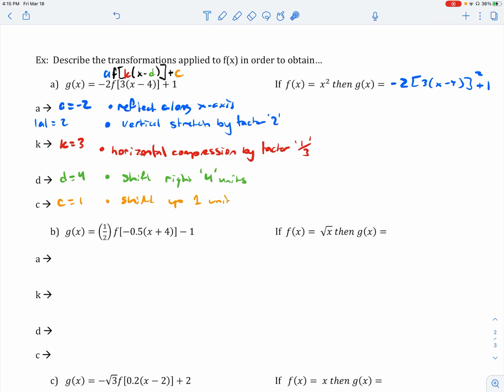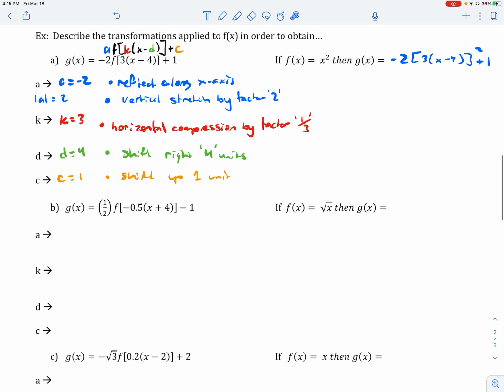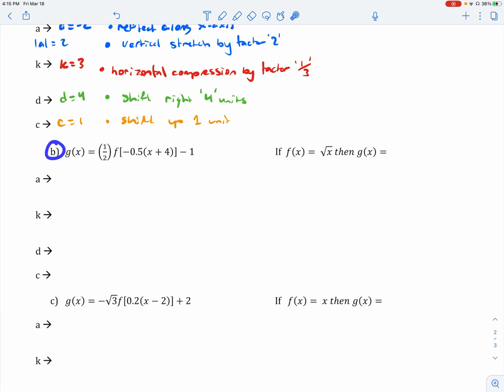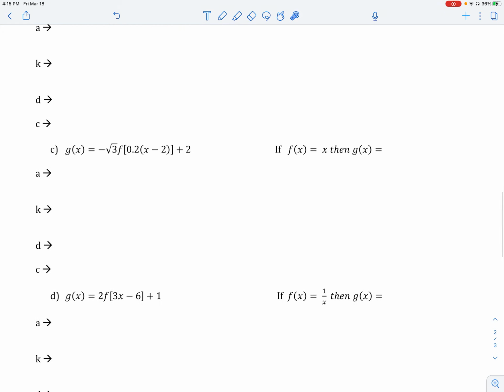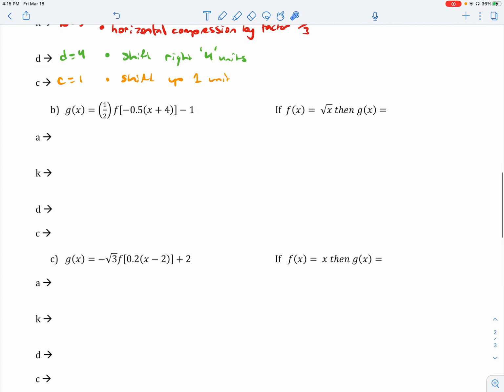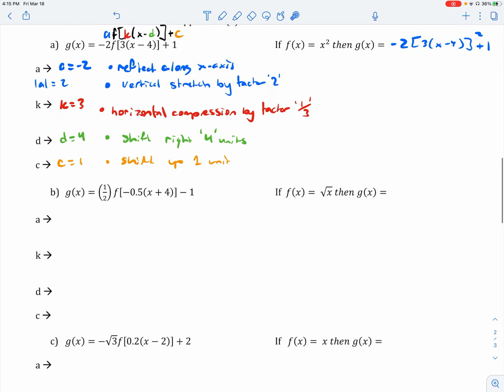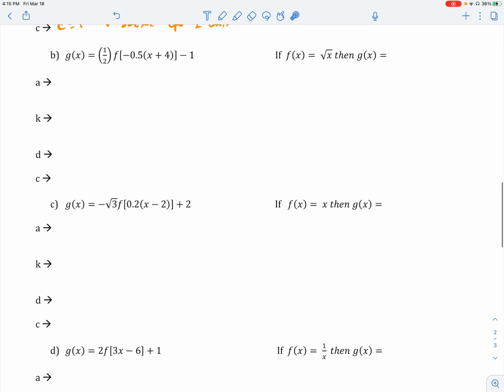So if you want to pause the video at this point and do B and C, you can go ahead. I just would like you to stop at D, because D is in a little bit of a different form, so we'll have to be careful with D. But if you want to pause and try B and C, go right ahead. I'm just going to continue on with this.